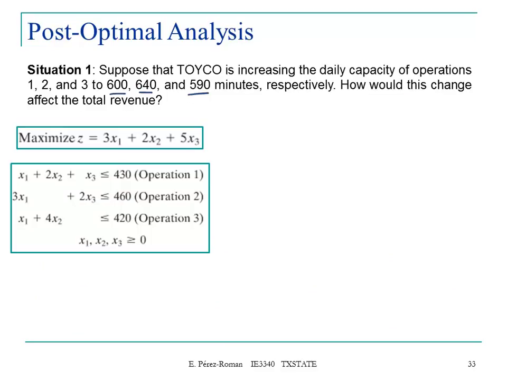Okay, so this is our problem. And what we're saying is we want to increase the daily capacity of operations 1, 2, and 3 from 430 to 600, 640, and 590 minutes. So each operation will be increased.